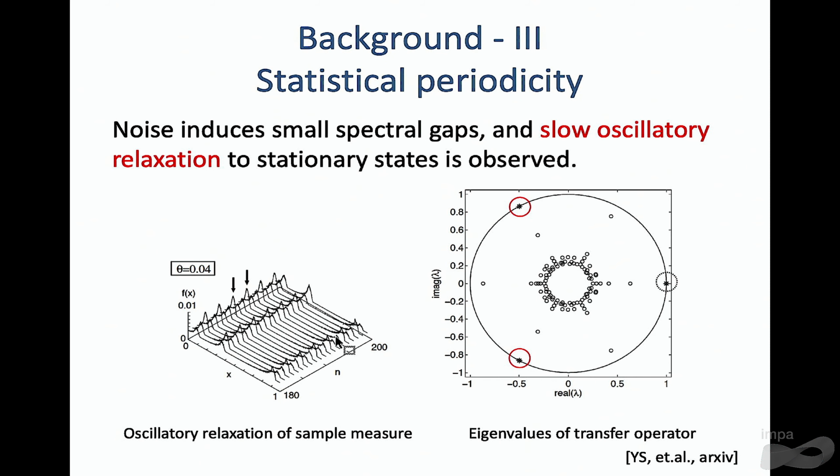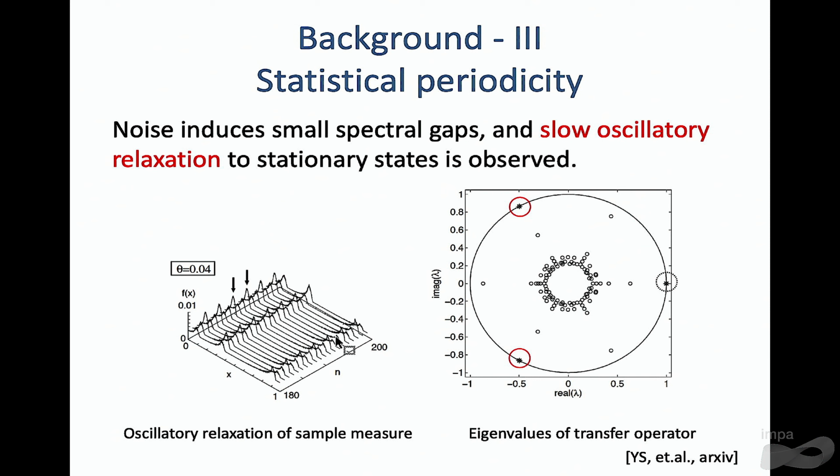Okay, so the third one is more recent interpretations. It's related to statistical periodicity. So this is based on the spectral analysis of transfer operator. So typically, if we add noise for dynamical systems, we have this kind of spectrum.